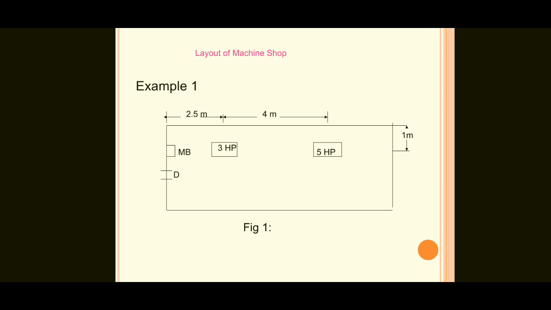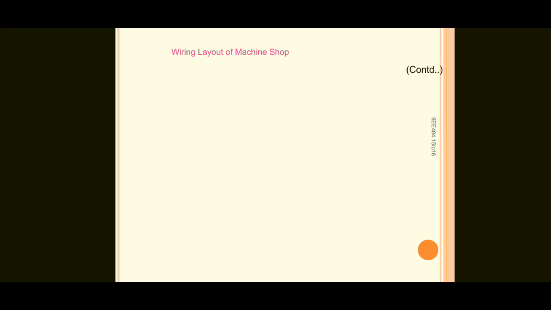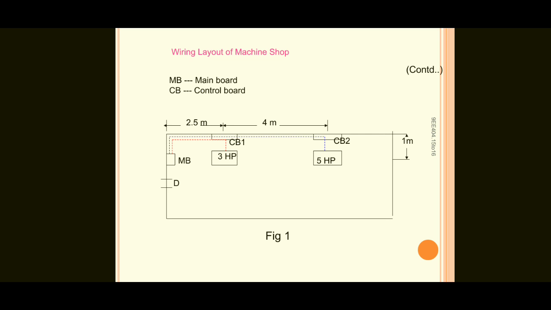One is of 3 HP rating and another one is 5 HP rating. The distance of the 3 HP from MB is 2.5 meter, and from 3 HP to 5 HP the distance is 4 meter. MB is the main board, CB is the control board.